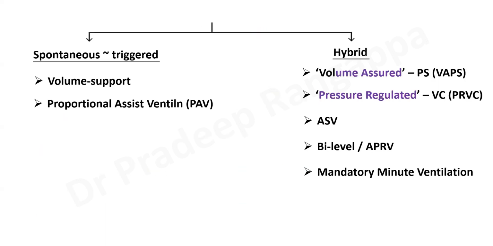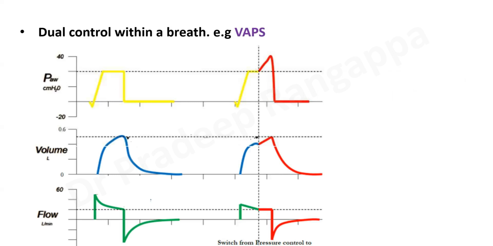Mandatory minute ventilation. So, what do we understand by dual control within a breath? Obviously, in the exam, if you're writing, just draw these graphs, which make understanding very easy. Dual control, which is volume assisted pressure support, works like this: you have set a certain pressure, and if that pressure is not enough to achieve the tidal volume, you can see there is a sudden increase in the volume to achieve the tidal volume.